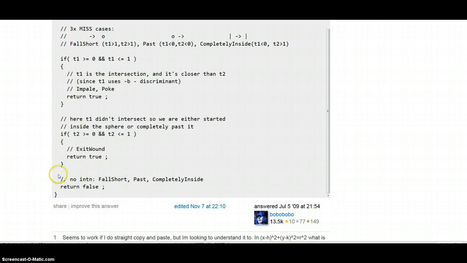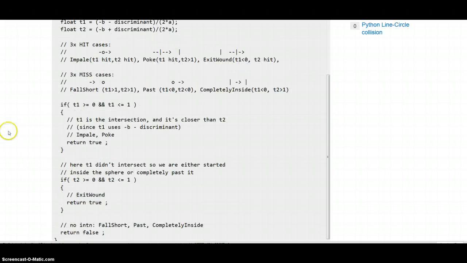And for other cases, there is miss happening, and these all are the same. There is no separation between those cases. And next I will show you this algorithm in practice using Unity.